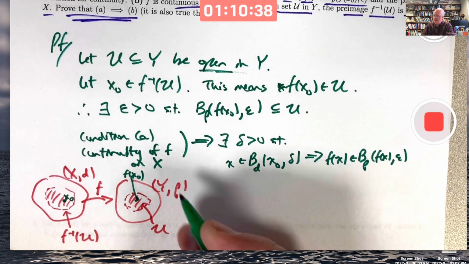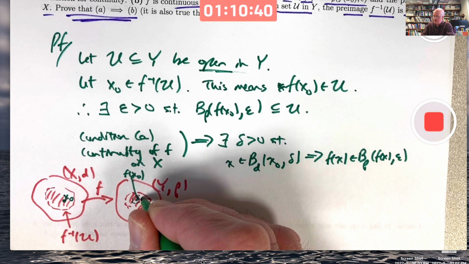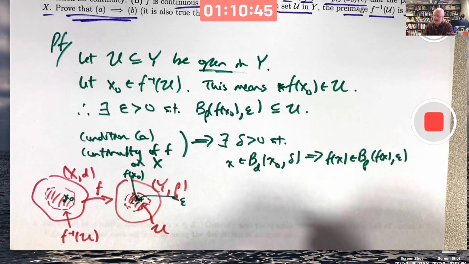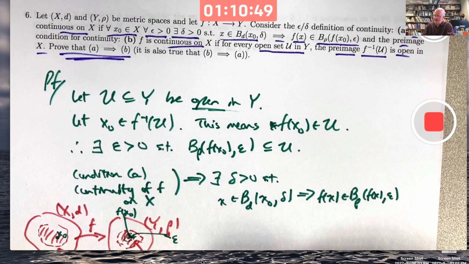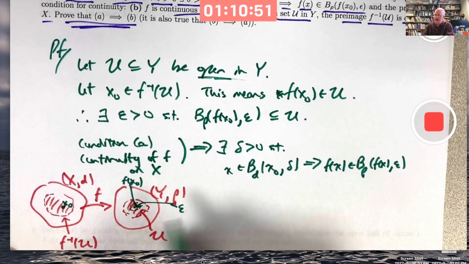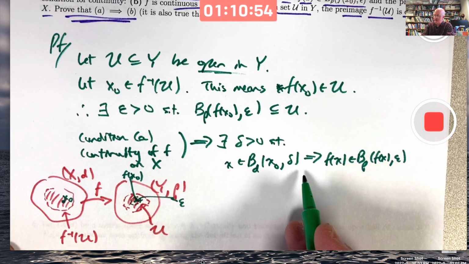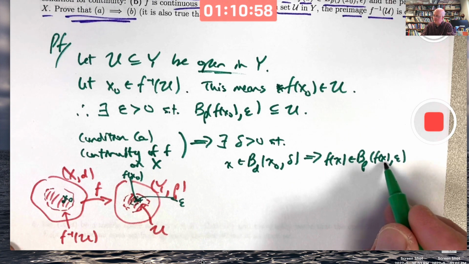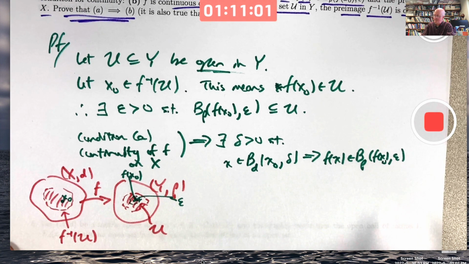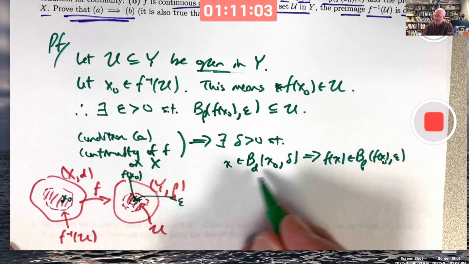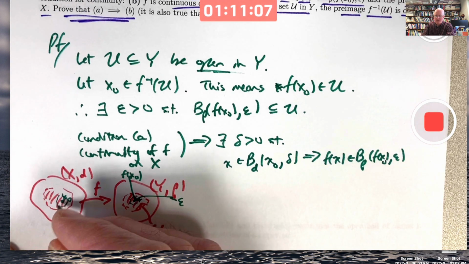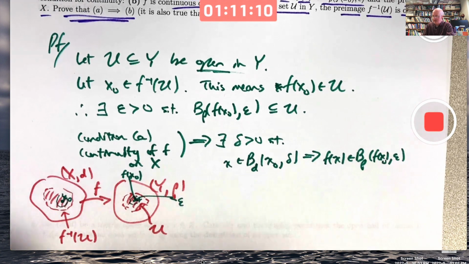U is open, so there's some open ball of a certain radius, the radius here is epsilon, that's entirely inside U. The condition A for continuity, the epsilon delta definition, means there's a delta, so that if x is within delta of x0, f of x will be within epsilon of f of x0. Forgot my 0 there, sorry. Claiming that delta will be a radius that will work, that this open ball will be a subset of that preimage. That's our claim here.